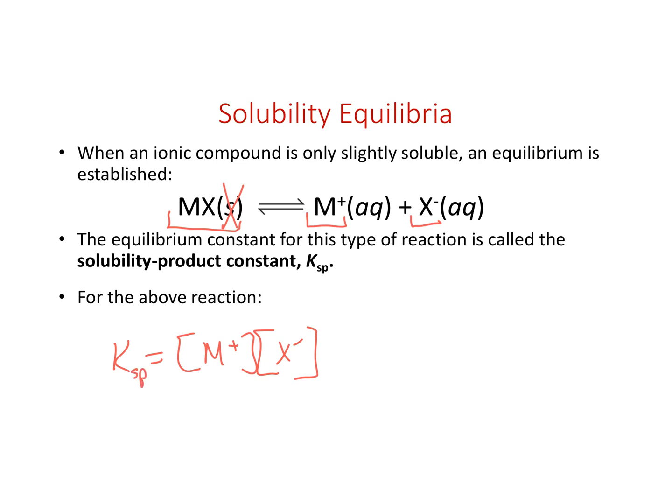It's the solubility product constant, and it equals the concentration of the ions that I have in solution from that weak electrolyte, that slightly soluble ionic compound. So Ksp equals the concentration of M times the concentration of X in solution. Just like any equilibrium calculation, it always came back to the concentration of products over the concentration of reactants, and in this case, we do not have any reactants to consider because MX is a solid.